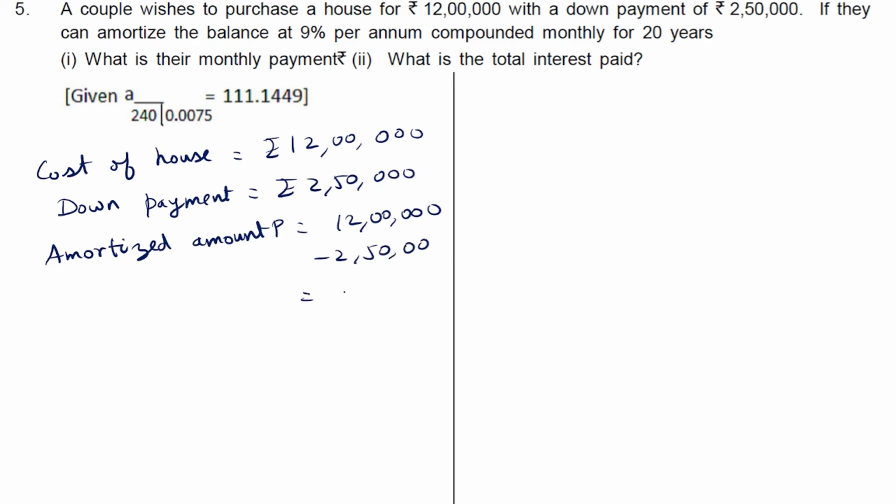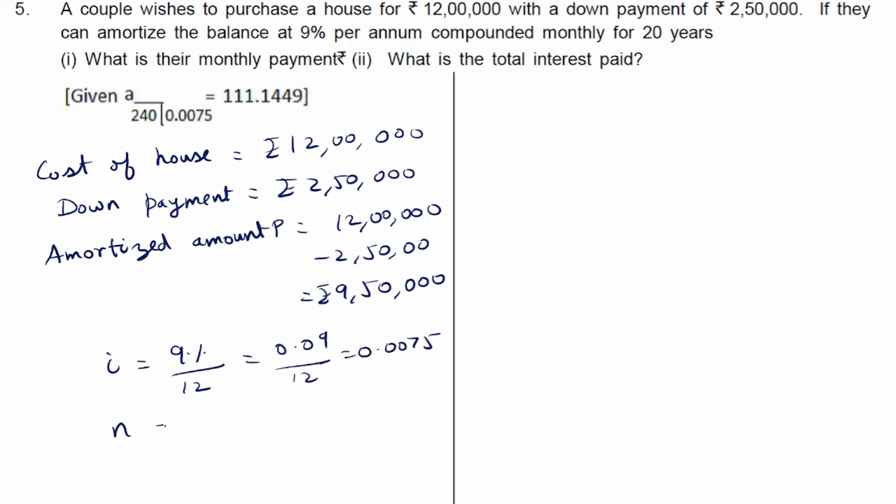So it is 9,50,000. This much is the amortized amount. And next we have interest. Interest is 9% per annum compounded monthly. So it is 9% by 12. It is 0.09 by 12, which is 0.0075. And then N is 20 years. So number of payments will be 20 into 12, 240.